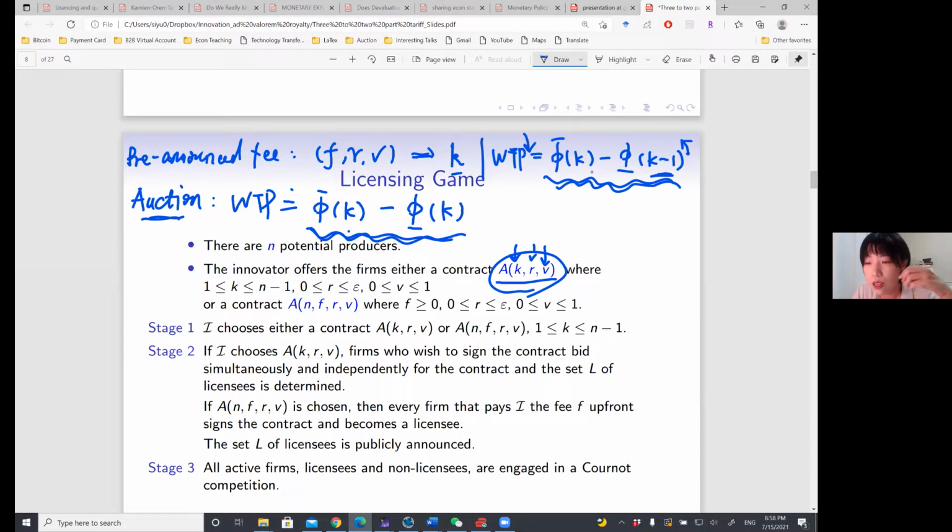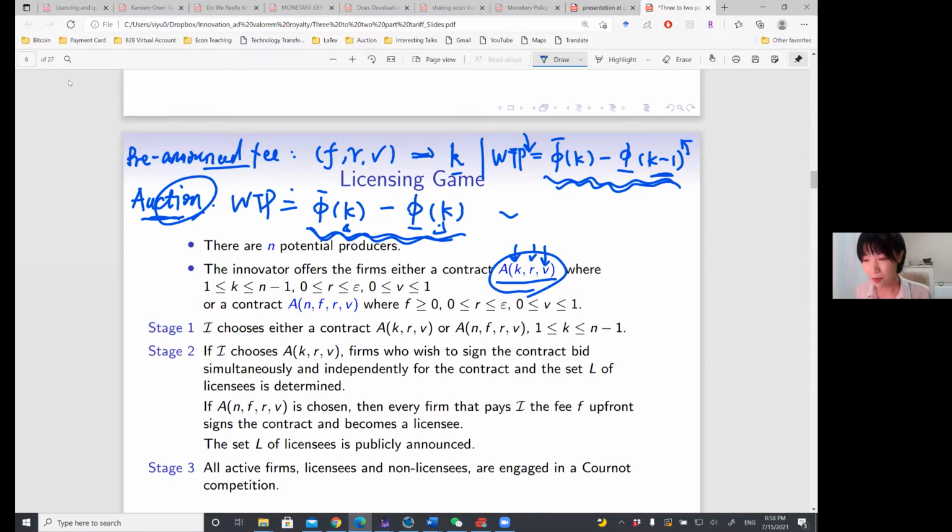It means the willingness to pay for a license is actually lower if the fee is pre-announced. So for the innovator to extract more, we assume he puts it on auction. That's the first reason. Secondly, because it's K and K here, it actually simplifies our computation. So for technical reasons, we choose to put it on auction.